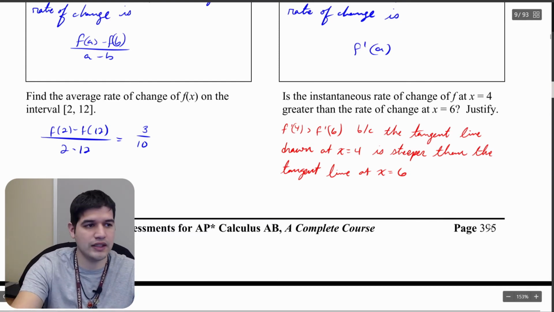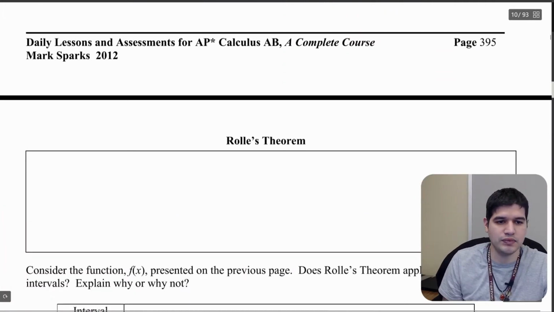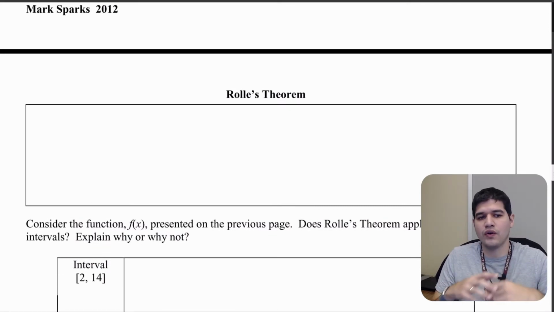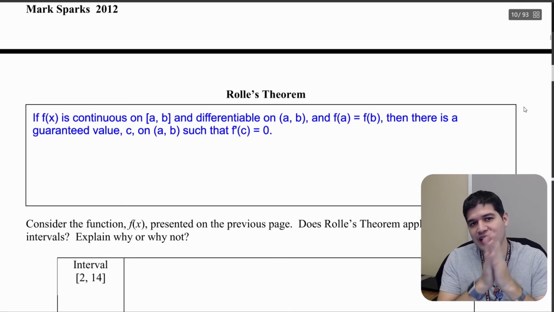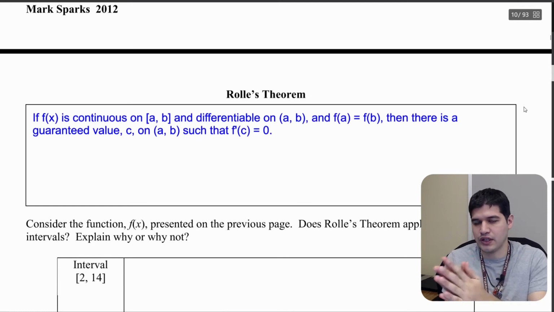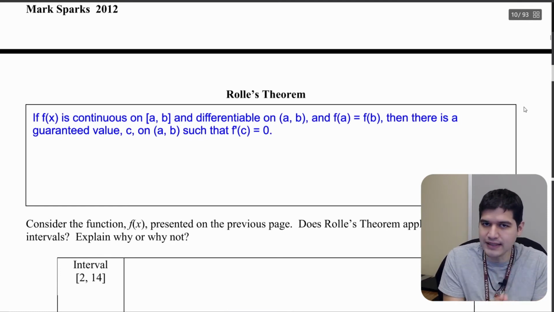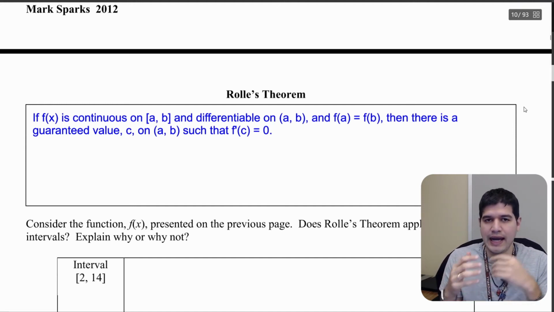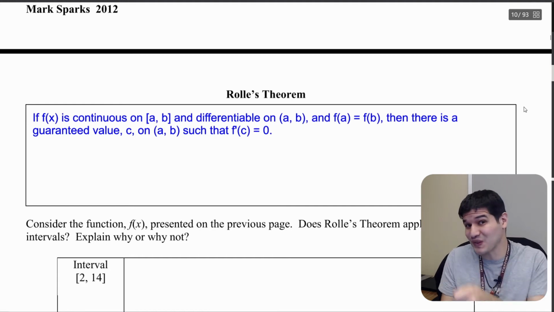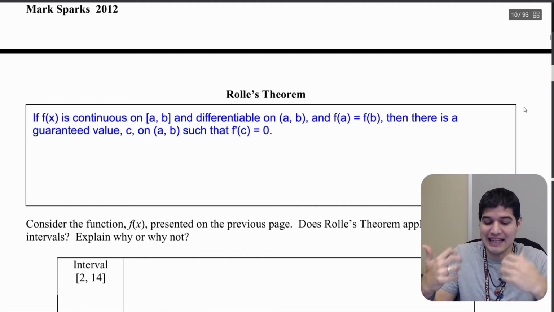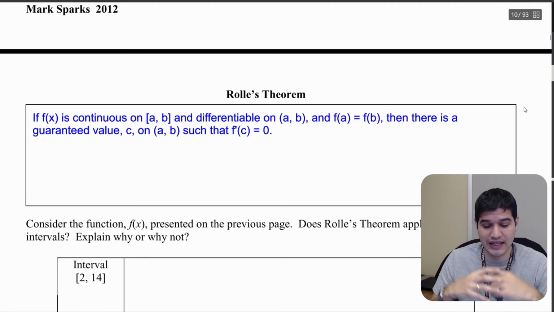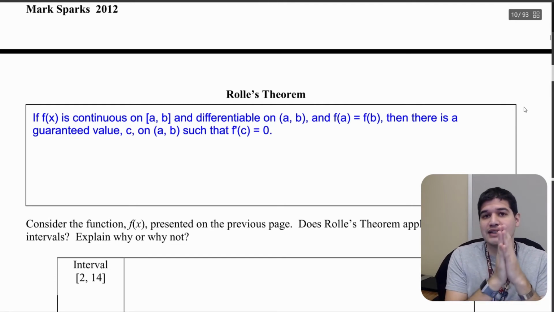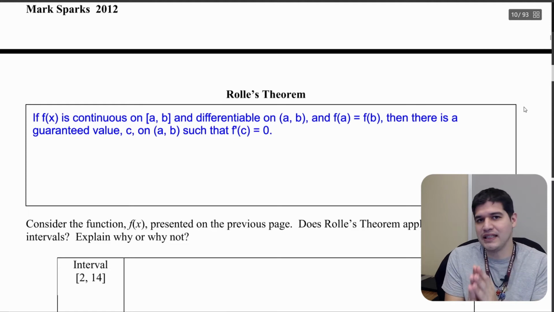Now let's move on to Rolle's theorem. Rolle's theorem states that if f of x is continuous on the interval from a to b, and it's also differentiable on the interval from a to b, and f of a equals f of b, then there is a guaranteed value c on a to b such that f prime of c equals 0.